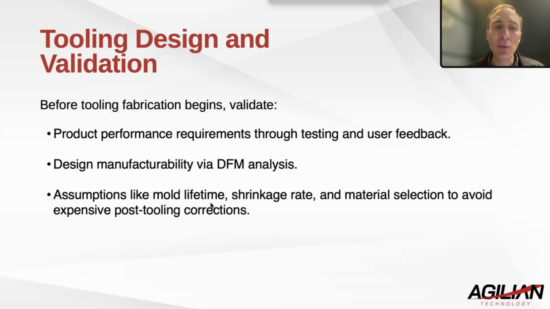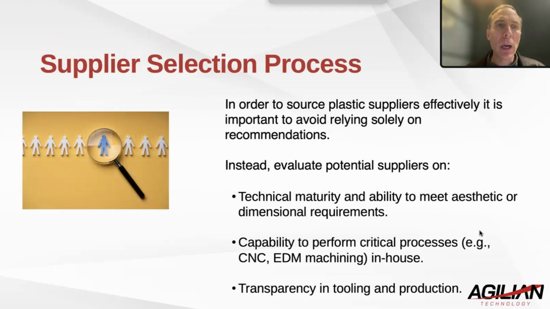What's the lifetime of the mold going to be? Also very helpful to compare the quotes, right? Harder steel typically will come with a much longer lifetime. What is the polymer, etc.? A lot of things. The shrinkage rate, very important. What material selection and so on. Okay, so the process: try to evaluate the suppliers on their technical maturity, very, very important, and their ability to reach your requirements.